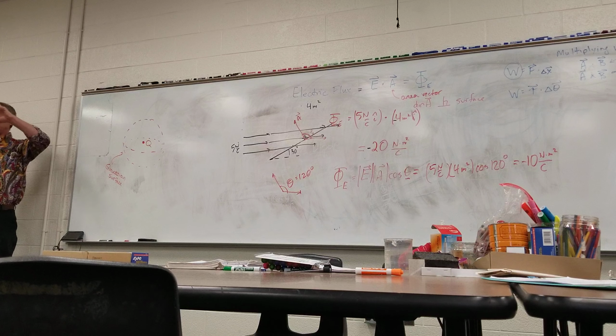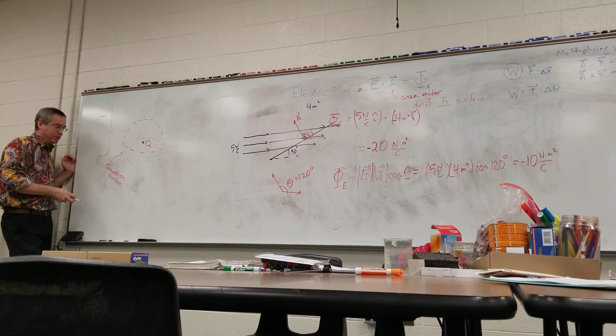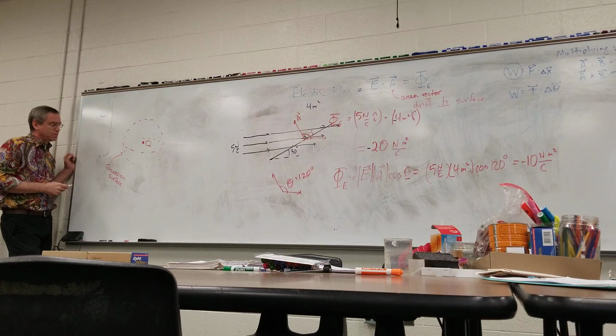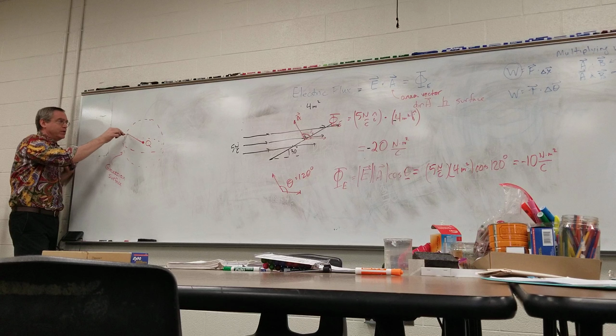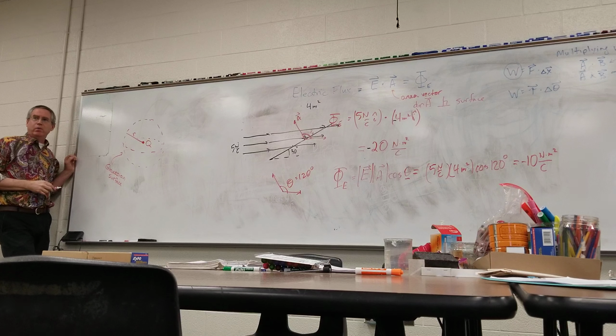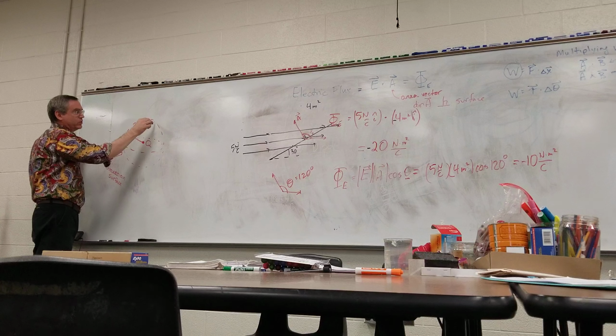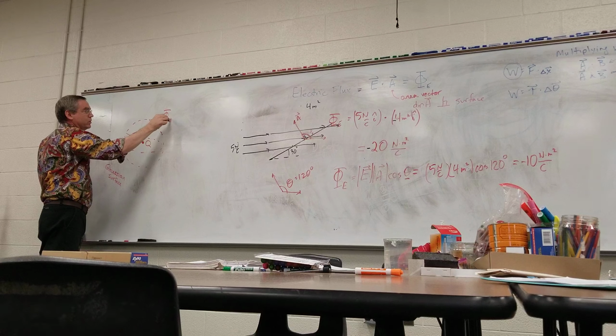You just imagine that there's this surface surrounding whatever it happens to be. Now, because this is a sphere, it's a Gaussian sphere, but they're not always spheres. The radius of this sphere is r. And what I want to know is, what is the electric flux through this surface?